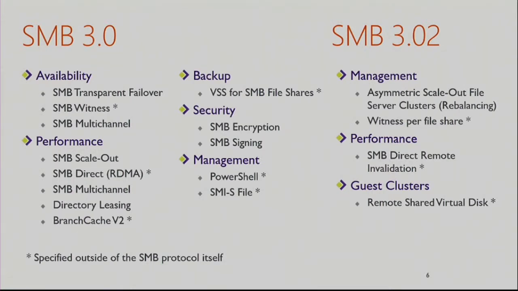So if you had 4 nodes in a cluster, it could very well be that you end up with a whole bunch of shares, a whole bunch of connections landing in one node, and the other nodes were not busy at all. And that was very common as you come in and do, for instance, a restart of a node because you did a patch. You can, at any moment, patch and reboot, and because of transparent failover, the connections flow to another server, but there's nothing that would bring those connections back.